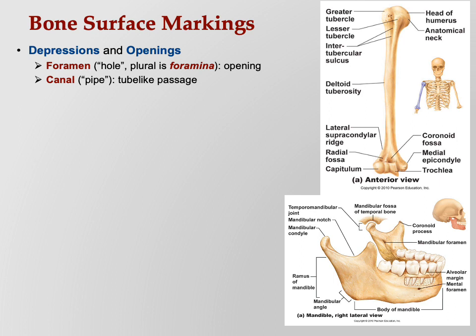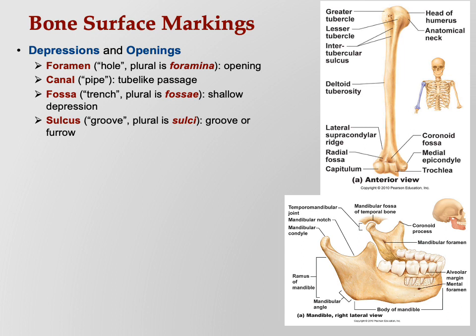A canal, root word means pipe, is a tube-like passage. So some bones have canals. A fossa, from the root word meaning a trench, plural is fossae, is a shallow depression. A sulcus, that means a groove, plural is sulci, a groove or a furrow.